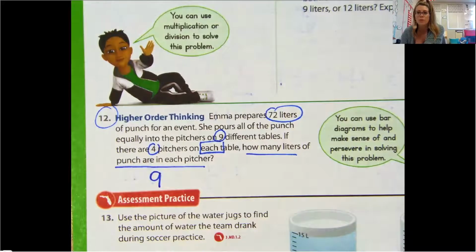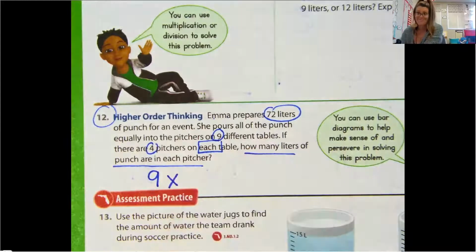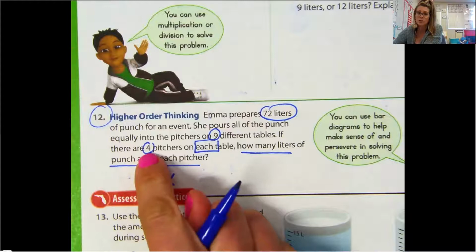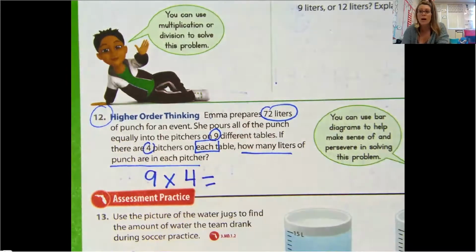Each table, do you remember what each stands for? What does each stand for? Multiplication. Each table has how many pitchers? 4, right? So what is 9 times 4? You should be able to say it so quickly. 9 times 4 is what? 36.